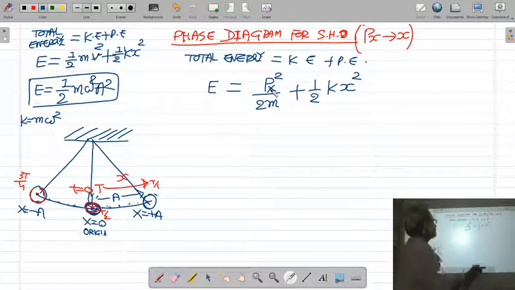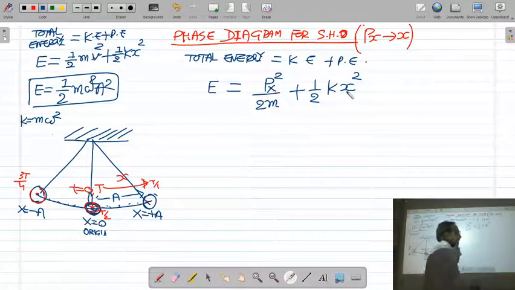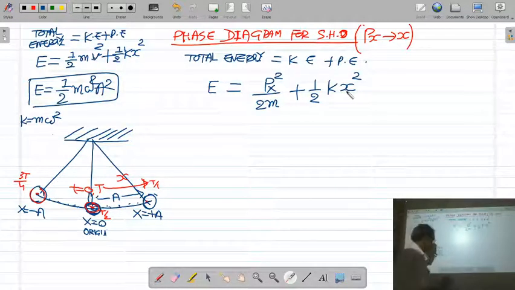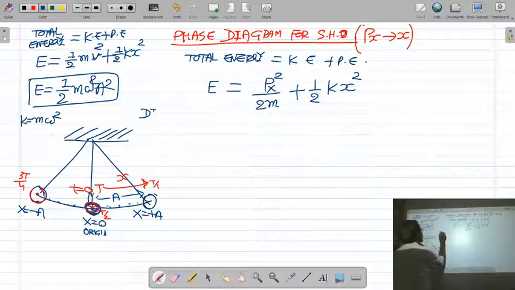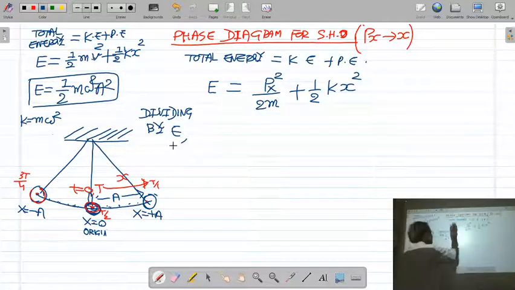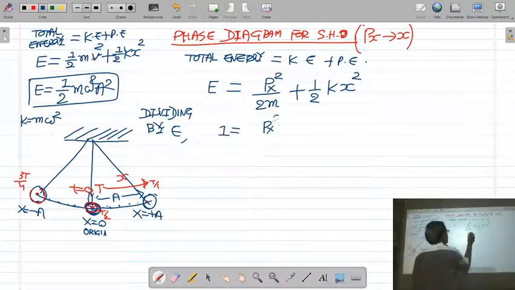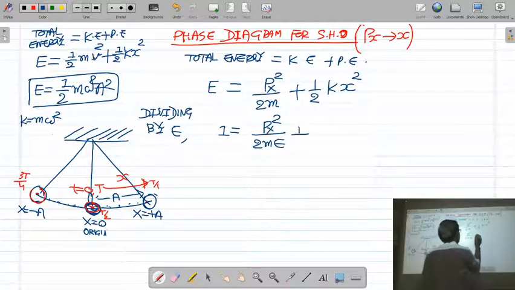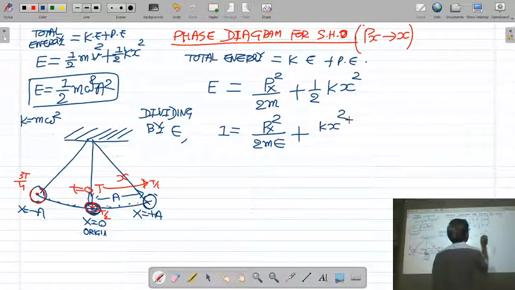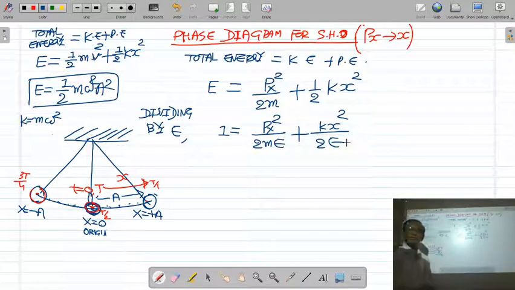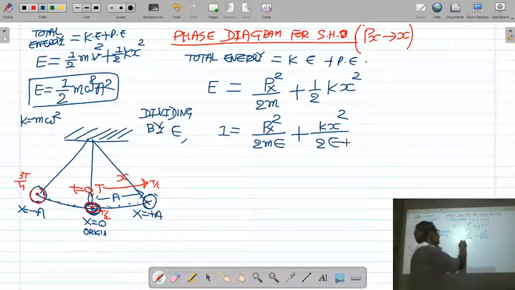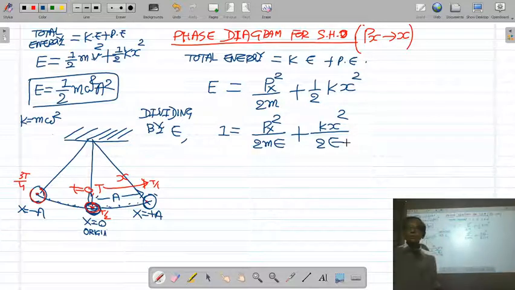If you draw the graph of momentum coordinate px and position coordinate x, that is called the phase diagram. If you divide both sides of this equation by energy E, we get E upon E is 1, equal to px square upon 2mE plus k x square upon 2E.